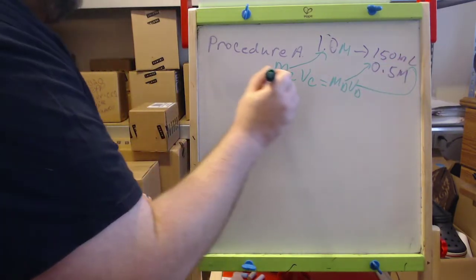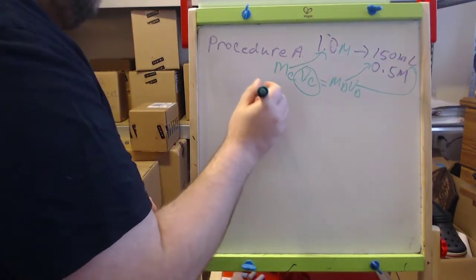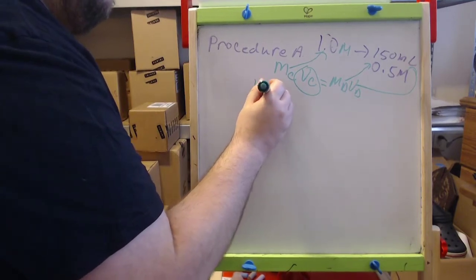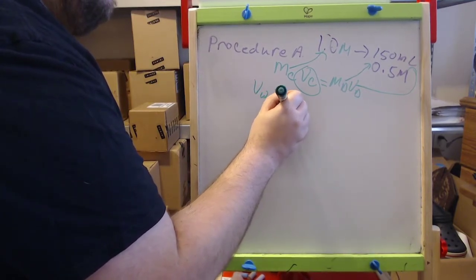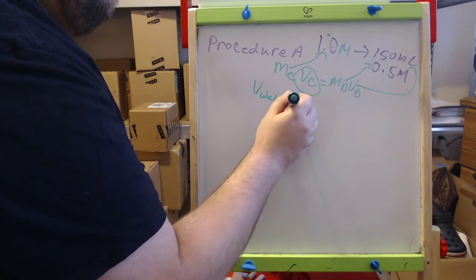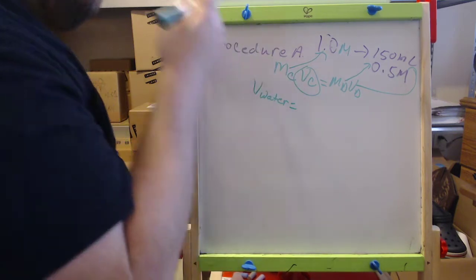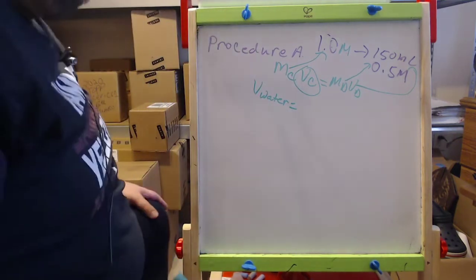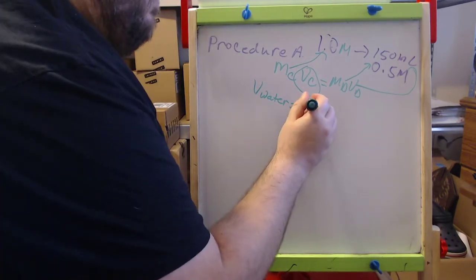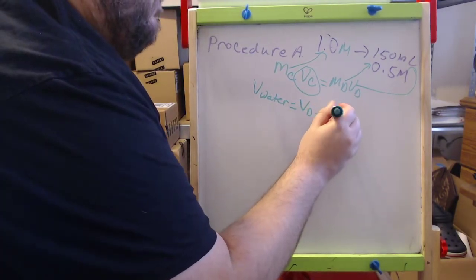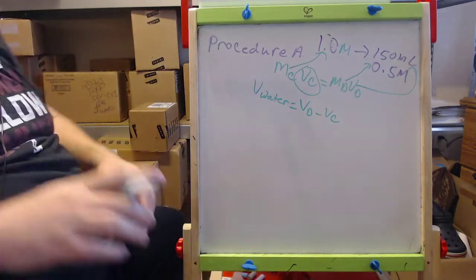You're going to calculate VC, and then to figure out how much water you need, take your total volume of your diluted and subtract it from the volume of your concentrated.